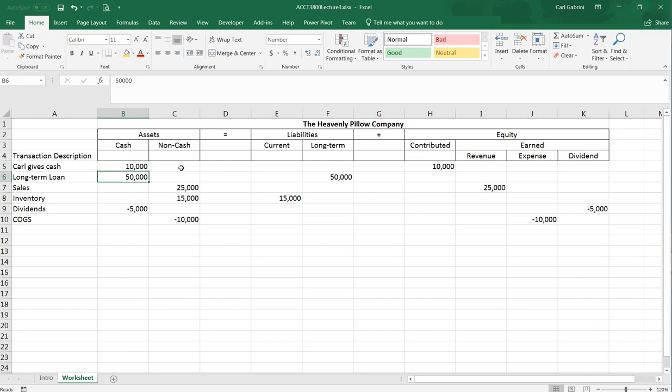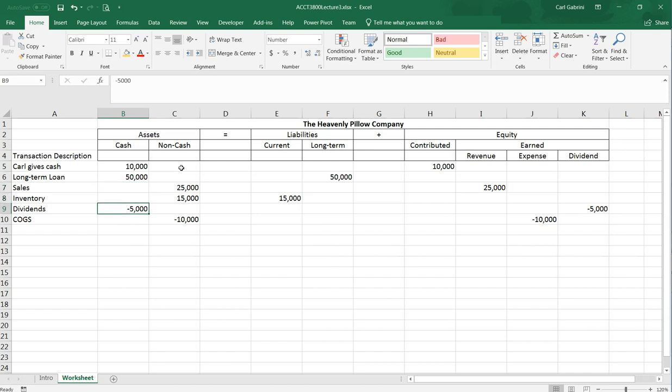We have a long-term loan to help finance the company, so that's a financing activity. There are no operating activities that have generated any cash yet or used any cash. And then we have dividends paid. Okay? And so this is going to affect cash.